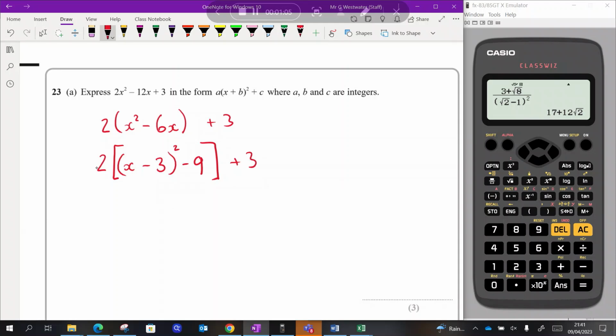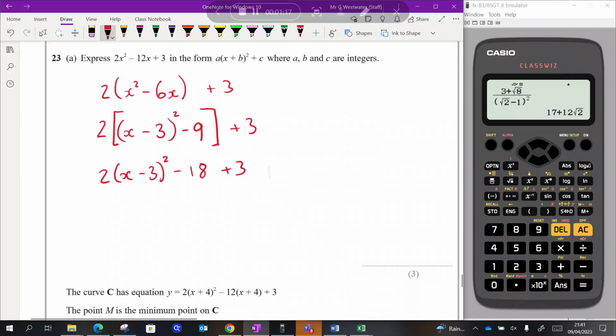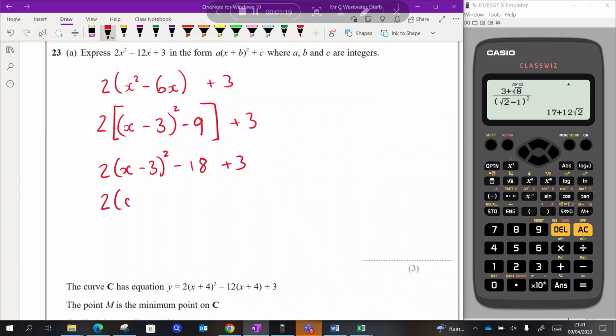Now expanding out this means I have 2 brackets (x minus 3) squared, and 2 times minus 9 for minus 18. I still have the plus 3 left over, and neatening this up leaves us with 2(x minus 3) squared, minus 18 plus 3 is minus 15. So my answer is 2(x minus 3) squared minus 15.